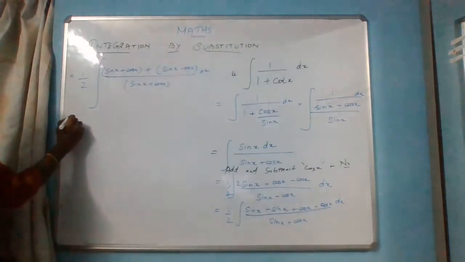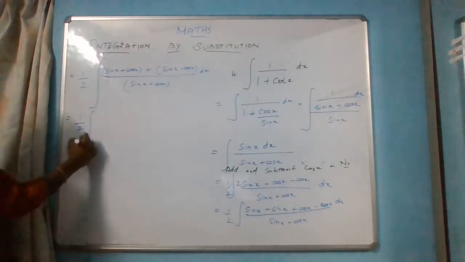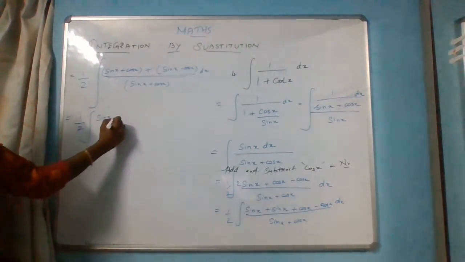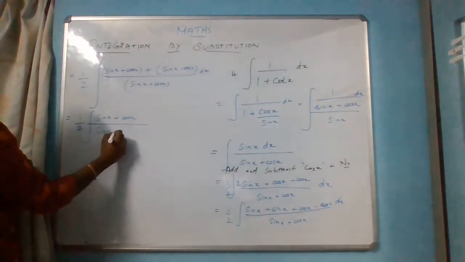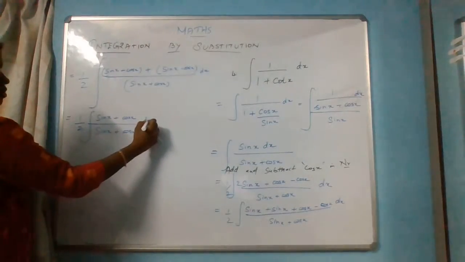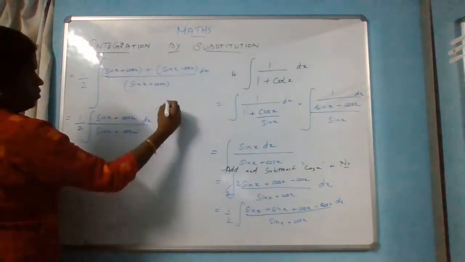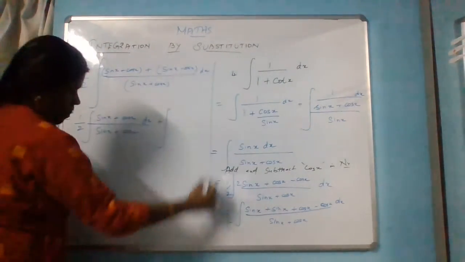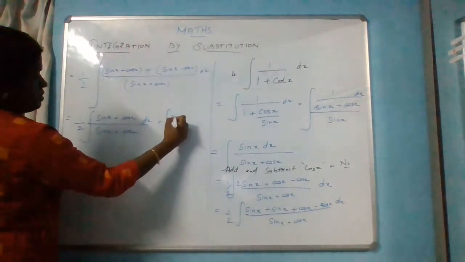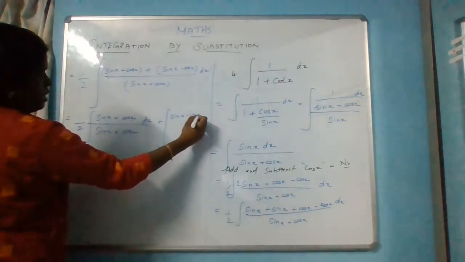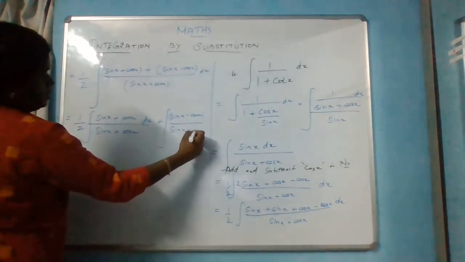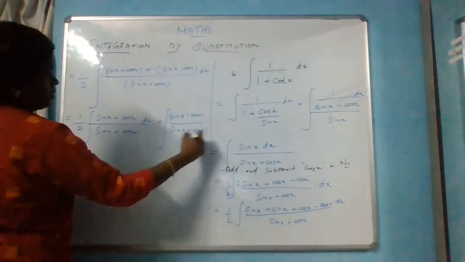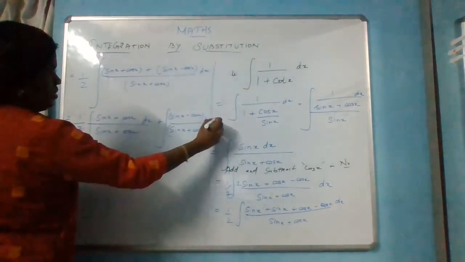So now I can write this as two different integrals: sin x plus cos x by sin x plus cos x into dx, plus, once again, sin x minus cos x the whole divided by sin x plus cos x into dx.